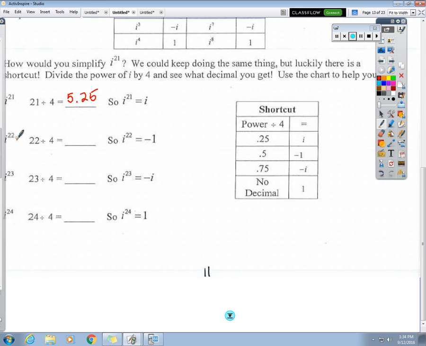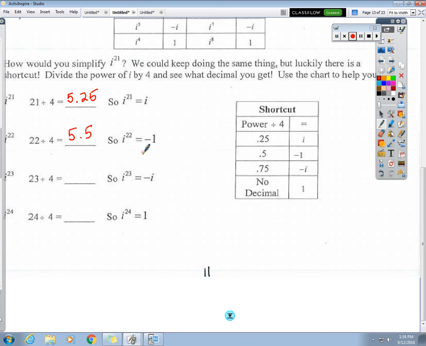So if you have i to the 22nd power, you take the 22 and divide it by 4, and what do you get? Okay, the shortcut method says that if you end up with a 0.5, your answer is negative 1. So i to the 22nd equals negative 1. Now let's talk about why. We're not going to write out 22 i's, but try to visualize that you have 22 i's.